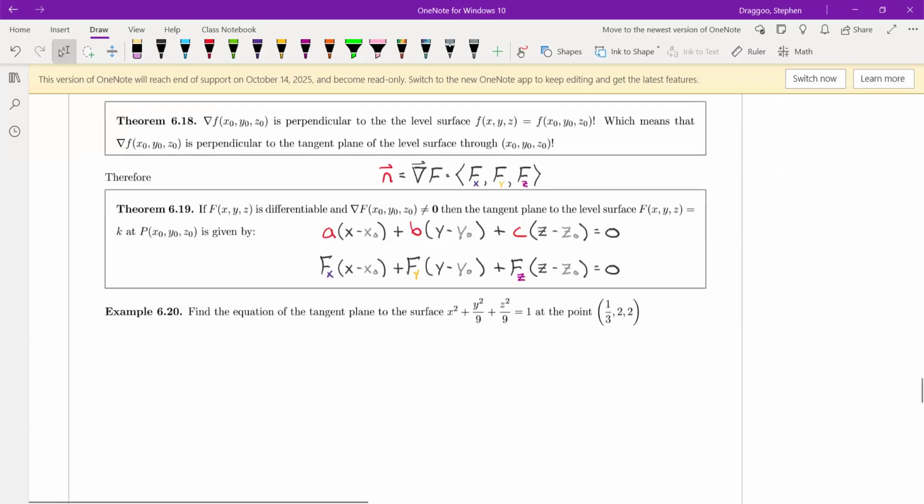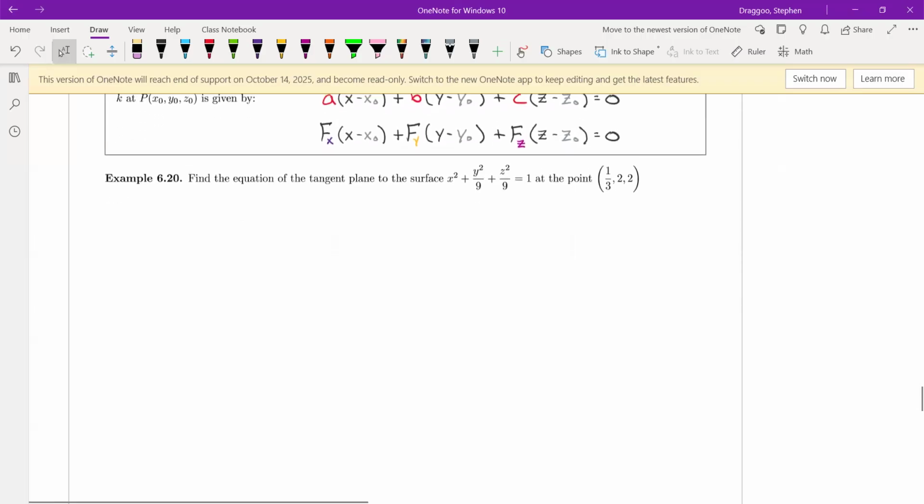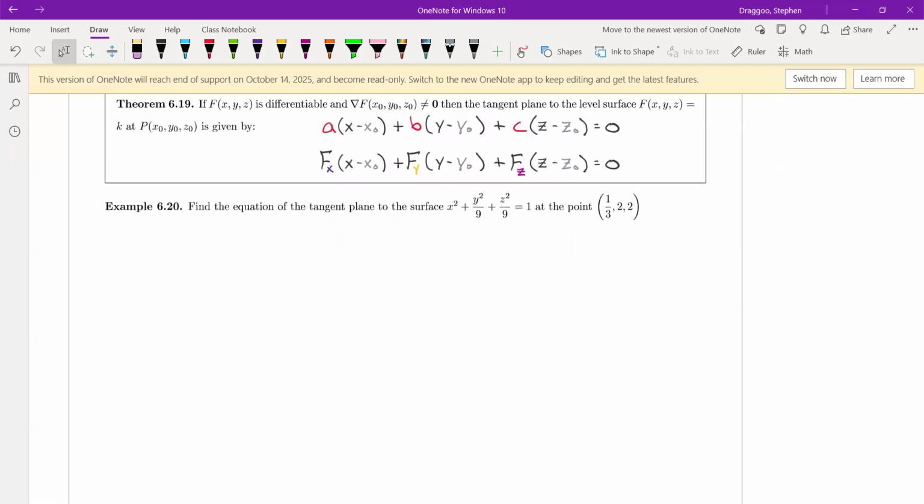So let's find a tangent plane. And I'll leave that part on screen. So first step, I should be looking for the gradient of my function, which is 2x, 2/9 y, and 2/9 z.